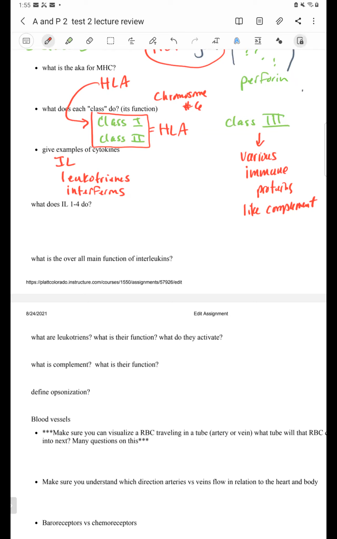Mast cells also are part of histamine. They release histamines, and histamines can be in your allergic response family of things.